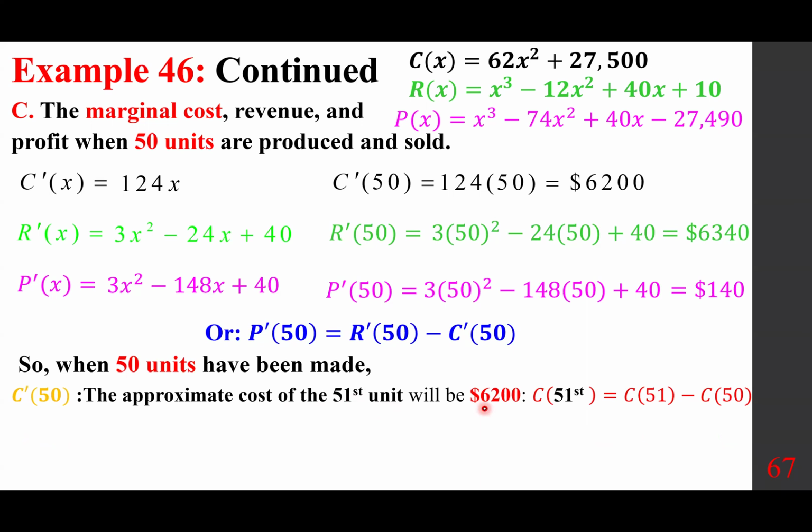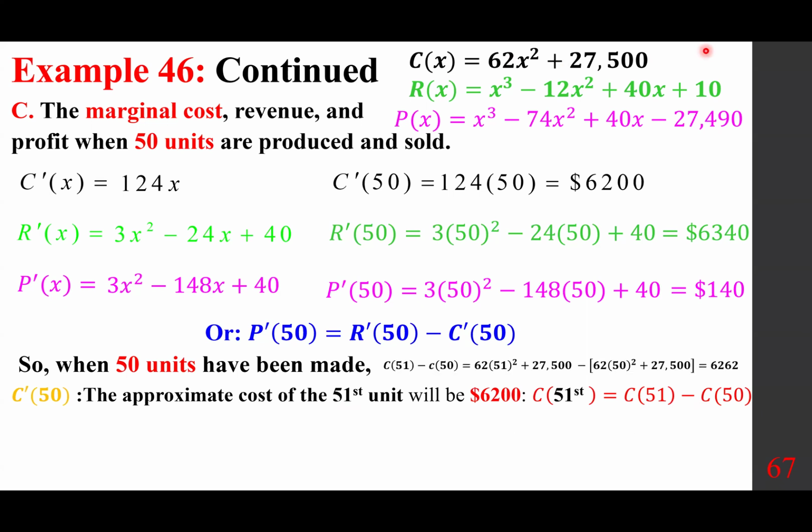Now, it's an approximation. What is the cost of the 51st unit actually? C of 51 minus C of 50, which means the cost function, everybody. Plug in 51, it gives you a number. Then plug in 50, it gives you a different number. The difference is close to this number.